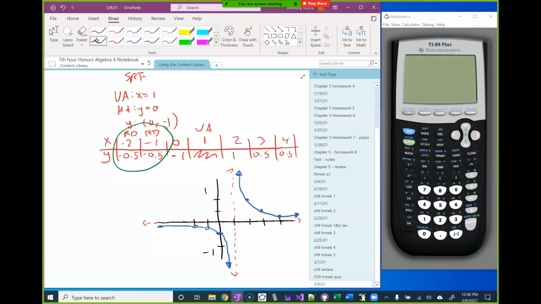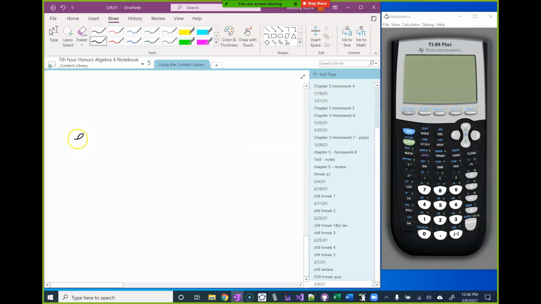Edmund: Can you show how we can use synthetic division to find out? Sure. So let's say that you had this one.